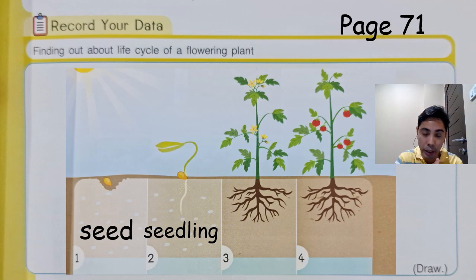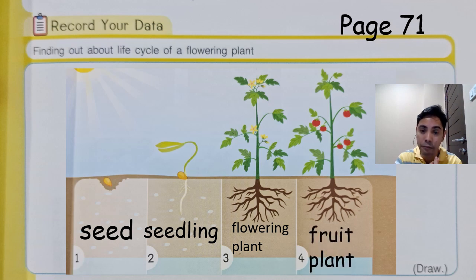It will have flowers, and when they grow older and grow big, it will make fruit. So the flowering plant will become bigger and it will have a fruit, and we call that a fruit plant or a fruit tree.